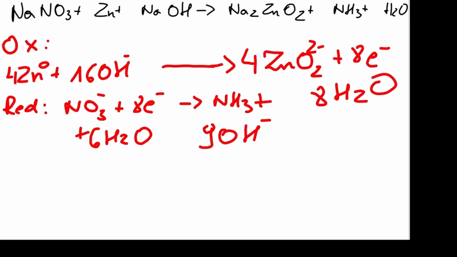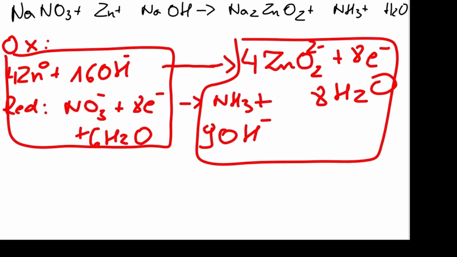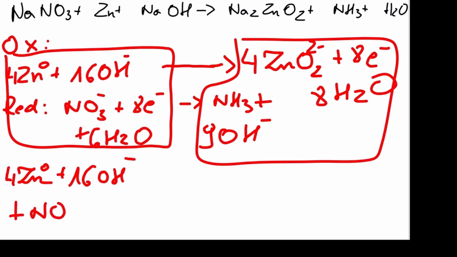So we could write now the overall reaction. So in the overall reaction we take the substrates and of course the products. We avoid electrons in an overall reaction. Yes, so overall reaction looks like that. 4 metallic zinc atoms plus 16 hydroxide anions plus 1 nitrate anion plus 6 particles of water.